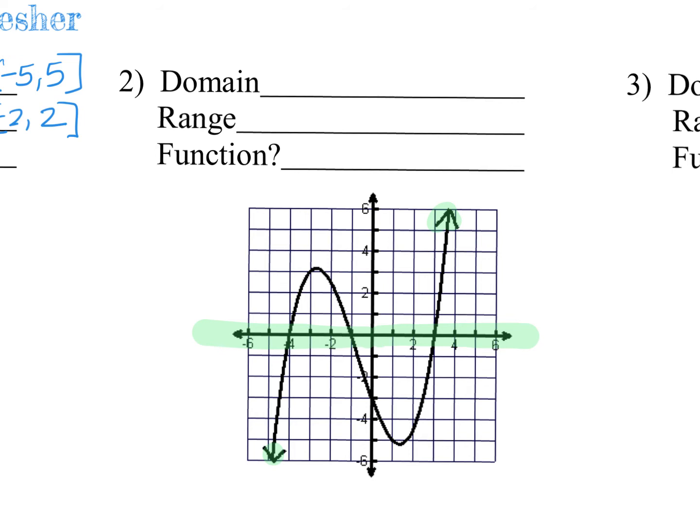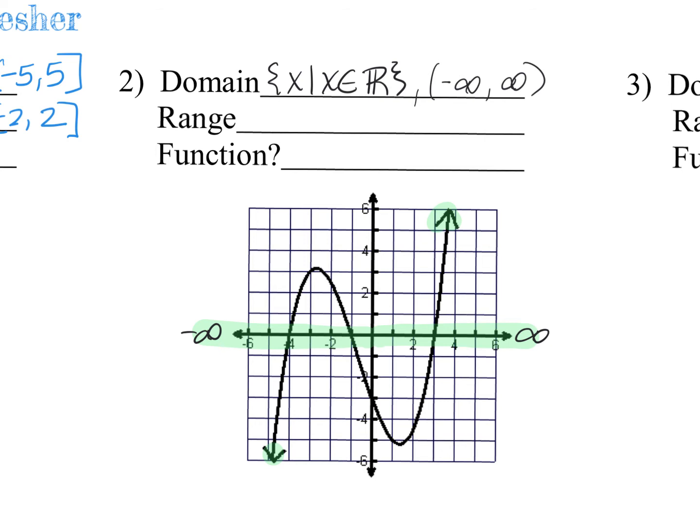When I do my domain, I'm going to say x such that x is an element of all real numbers, okay? And when I do the interval notation, it goes least to greatest. So -infinity to +infinity, right? It's always the way it's going in our x values. Now let's do the y values.